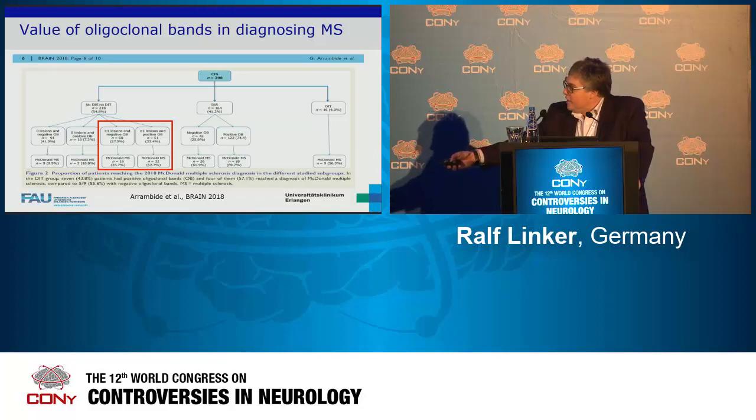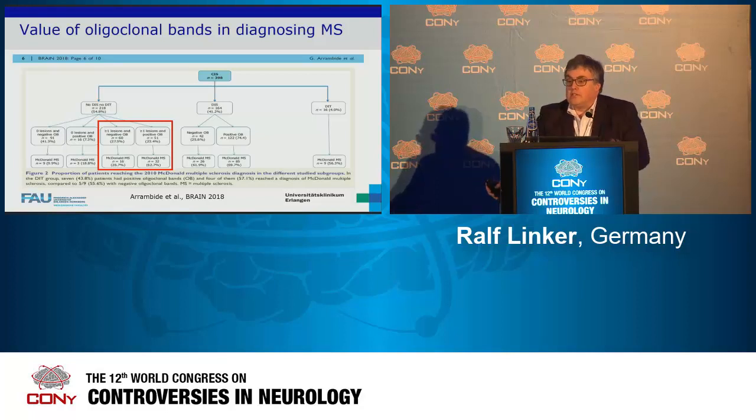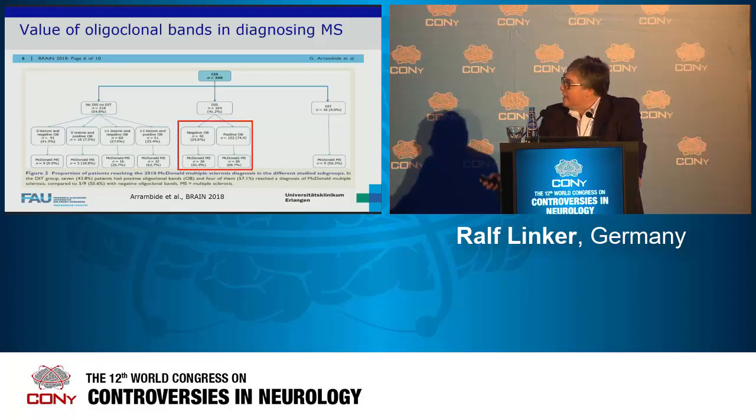If they're negative, it was like 26%. If they're positive, it's over 60%, so there's a huge gap, and that is probably the groundwork or the foundation for the new criteria. However, if you look at the setting where dissemination in space is proven already, the presence of the oligoclonal bands only yields a marginal effect of about 8% if they're present or if they are not.